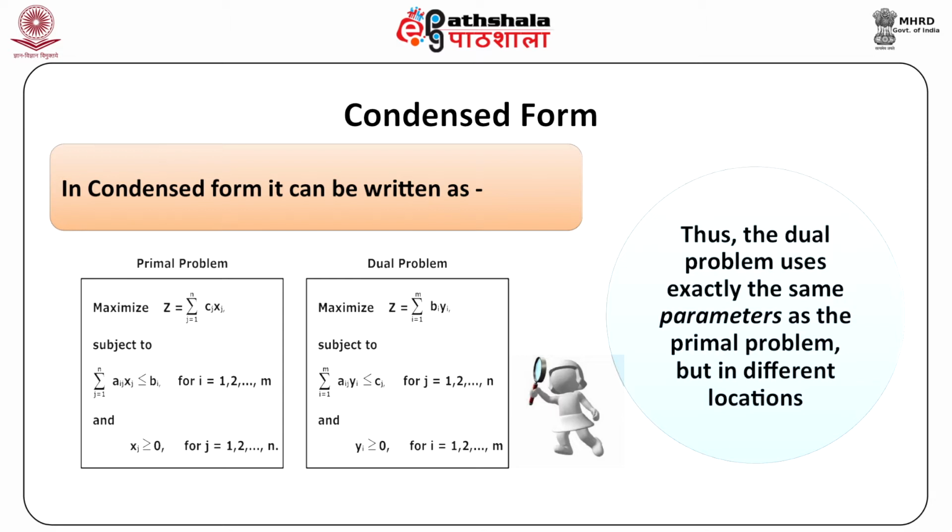The dual problem is minimize w equal to summation bi yi subject to sigma aij yi greater than or equal to cj for j going from 1, 2 till n, and yi greater than or equal to 0 for i equal to 1 till m. Thus, the dual problem uses exactly the same parameters as the primal problem, but in different locations.